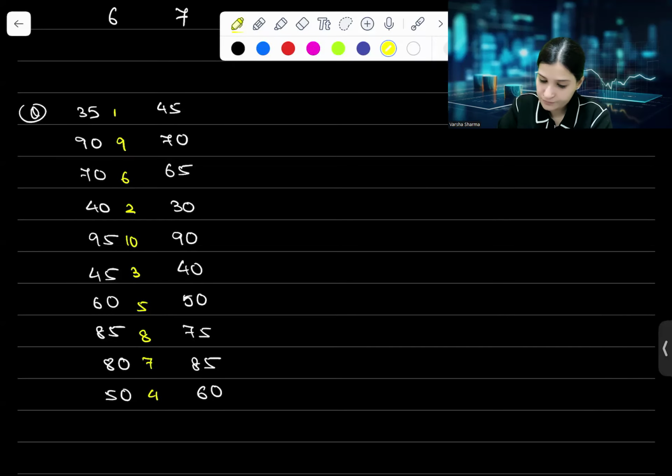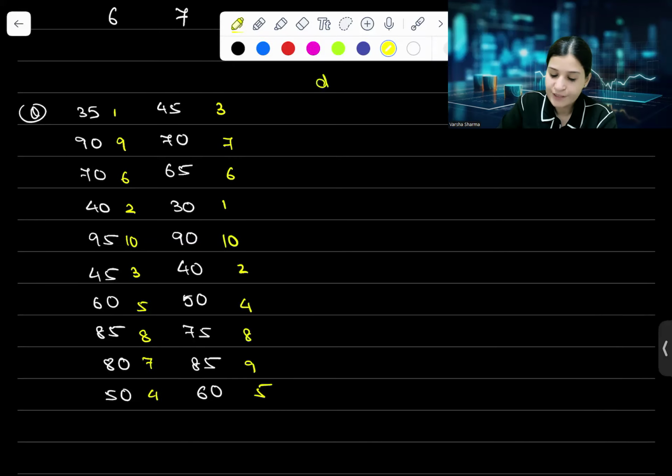The later one: first, second, third, fourth, fifth, sixth, seventh, eighth, ninth, and 10th. Then difference in rank, direct calculator. 16. 16 into 6 divided by 10 into 99, sign change, add 1. R is 0.903.